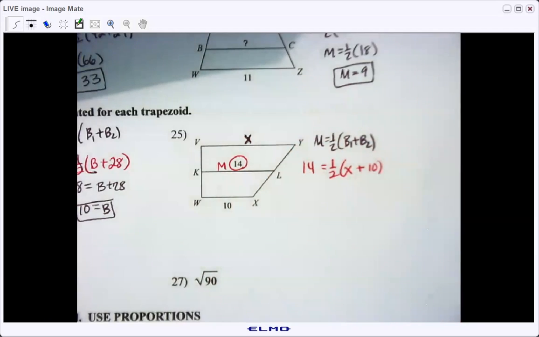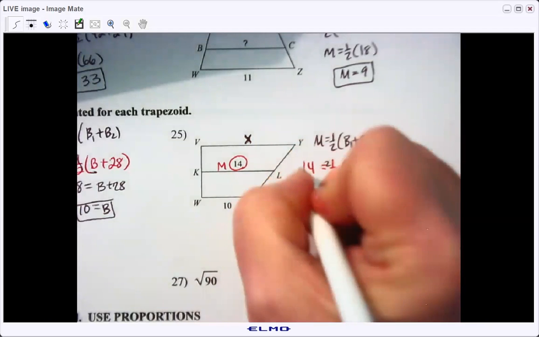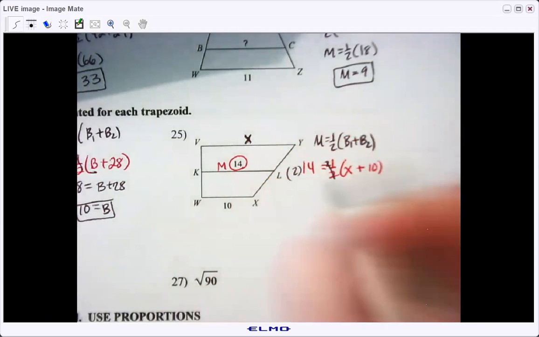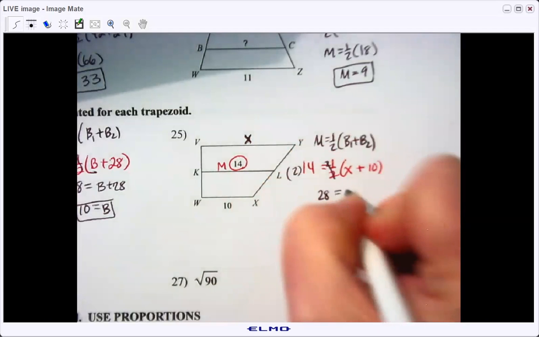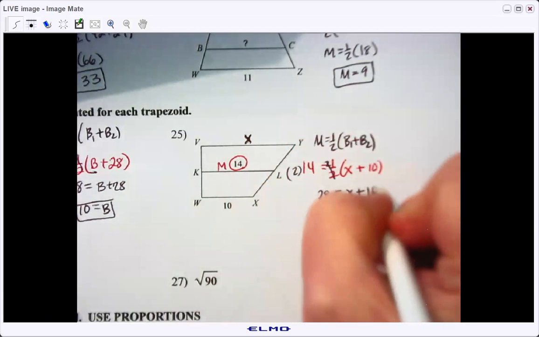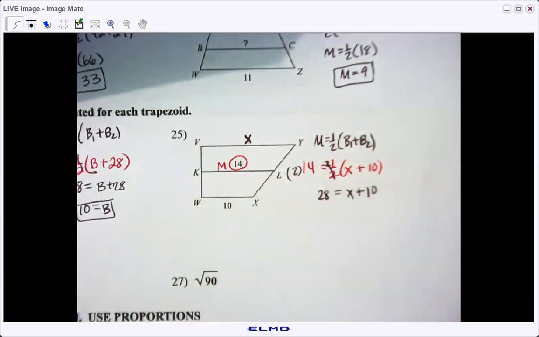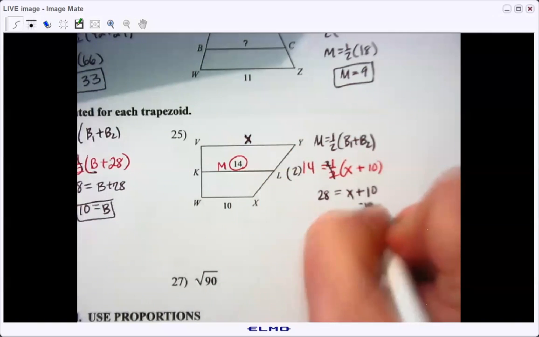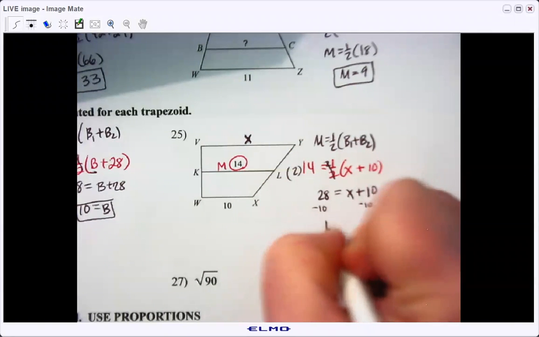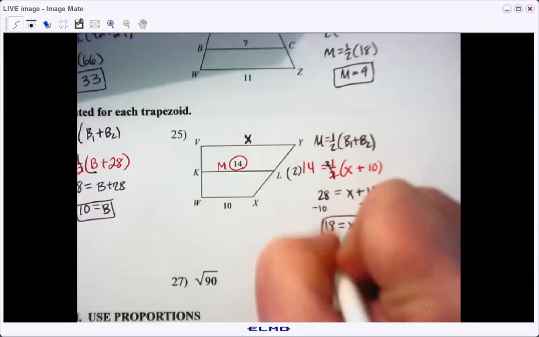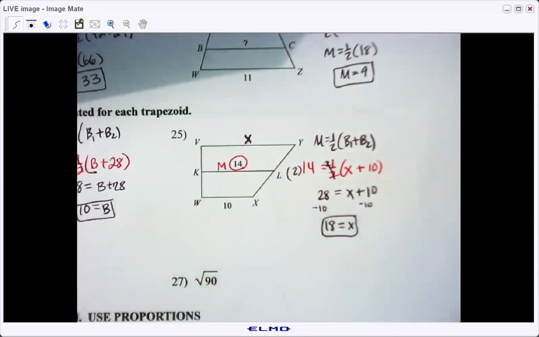Because we have to multiply both sides by 2, we get 28 is equal to X plus 10. And then subtracting 10 on both sides, we get 18 equals X. So if you said 18, you were correct.